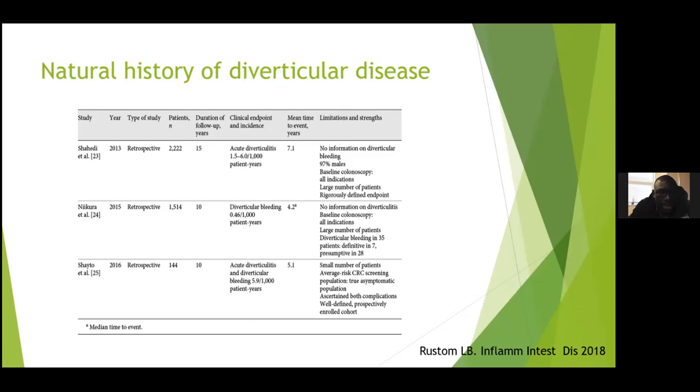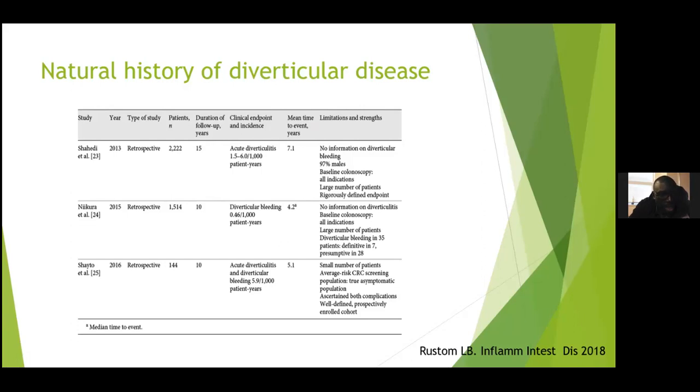The first study focused on time to acute diverticulitis, and they found that about 1.5 to 6 per 100 patient years develop diverticulitis, and the mean time to develop was 7.1 years. Then the second study looked at diverticular bleeding, and it was 0.46 per 1,000 patient years, and the mean time was 4.2 years.